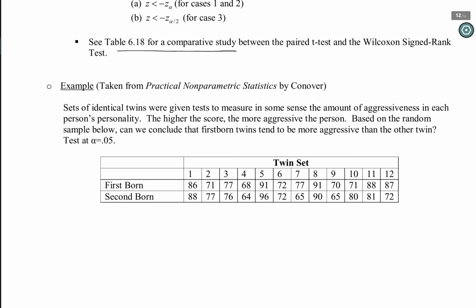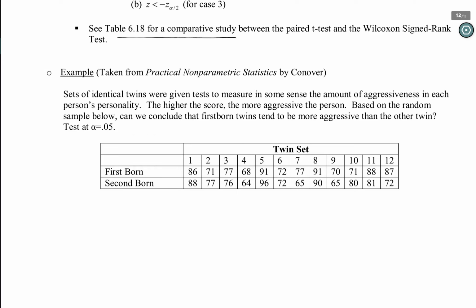But in a lot of the other situations where you're sampling from a non-normal population, the Wilcoxon signed rank test has a little more power, or in some cases substantially more power. And so that's reason to use a Wilcoxon signed rank test if there's strong evidence against normality for the paired differences. Okay, here is an example.